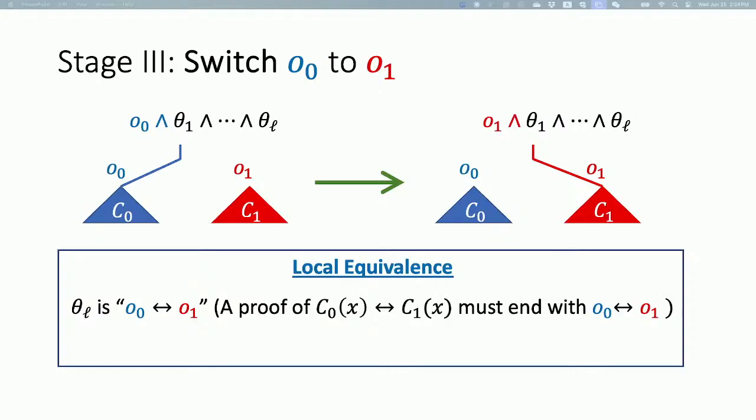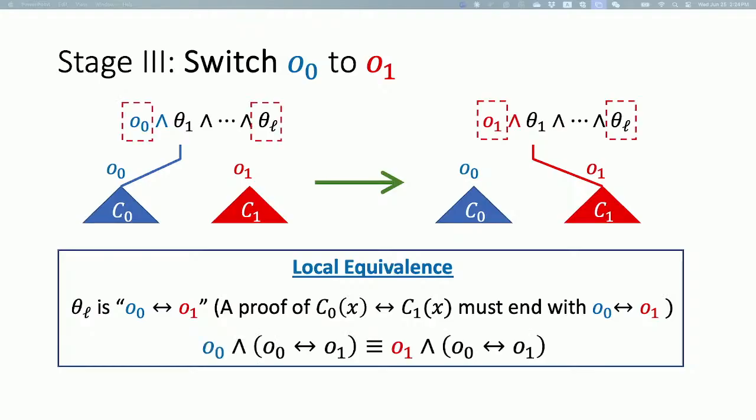This is by the definition of what an EF proof is. So the last line must be the theorem statement itself. So now, if you only look at the subcircuit formed by this O0 and the last line, you will see they are functionally equivalent after and before this local change.